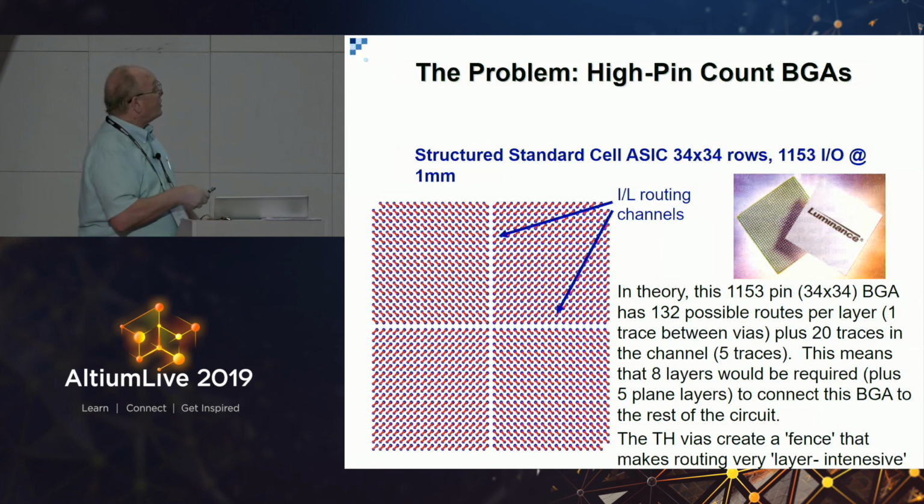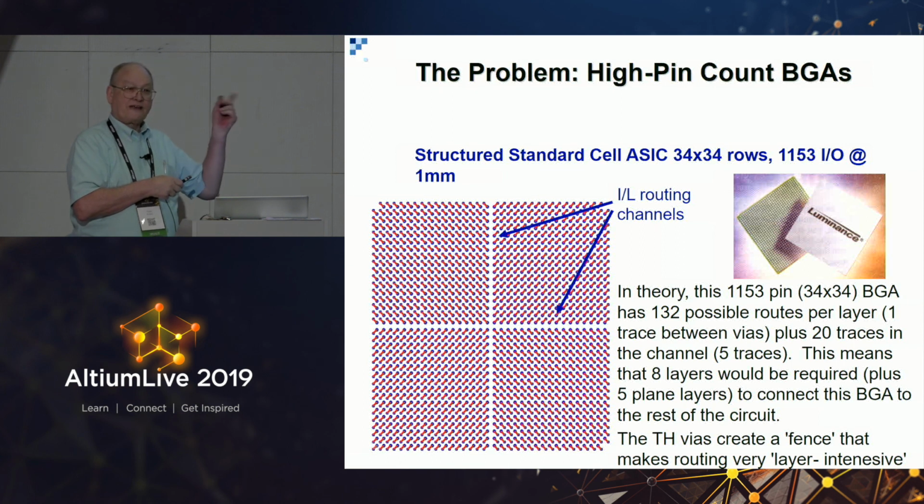And if you can see a row of ground pins, you can select those as being the ones that will have the microvias. So this is a conventional breakout for through holes. There's 132 possible routes, one trace between the vias, plus 20 traces in the center areas here. So it takes 8 layers and 5 reference planes to fan out this part.